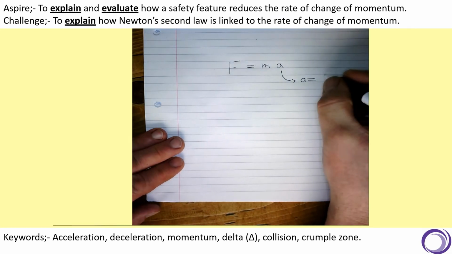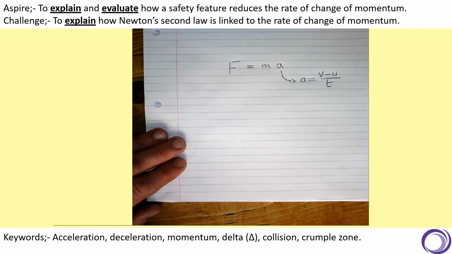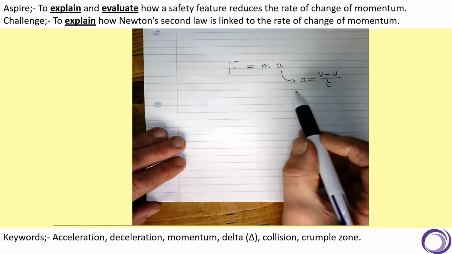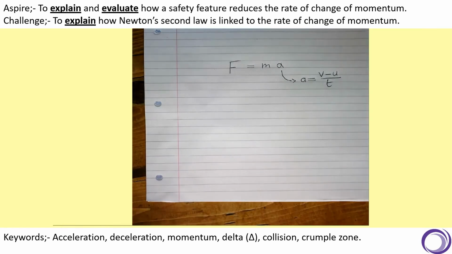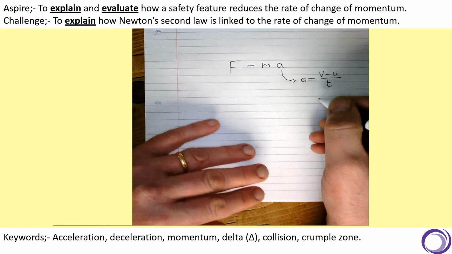You could write that as v minus u, so that's the end velocity minus the start velocity, divided by time, or the change in the time. So acceleration is change in velocity over time taken. Now mathematically there's another way of writing that which means the same thing, which is where the Greek letter delta comes in.